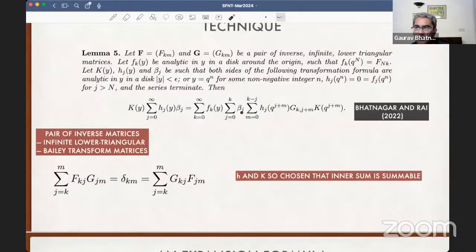So beta AJ comes from the beta j, and that's dependent only on j. Everything else inside here could depend on n or not. No, y is q raised to n basically in this. So there's no y here, and whatever y was there has been replaced by q raised to something.